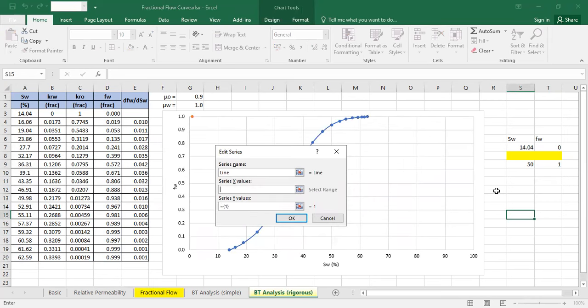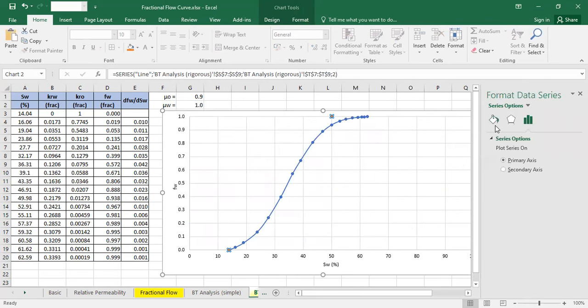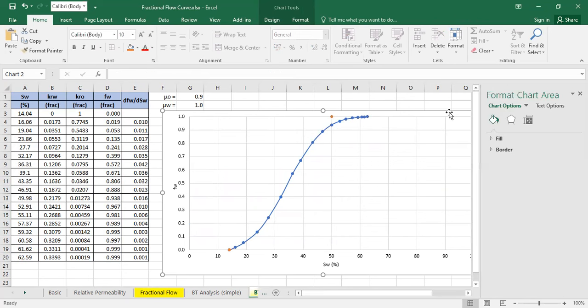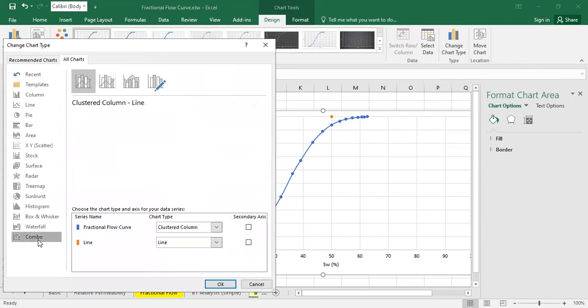Line. So X like this and Y like that. Okay, and then I can make a line here. Or maybe double click, change chart type, combo.